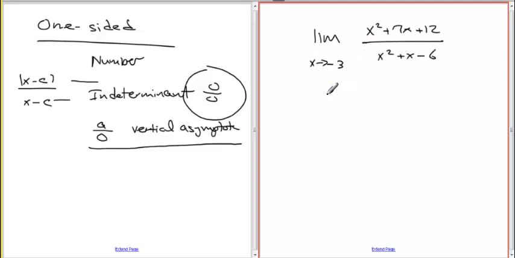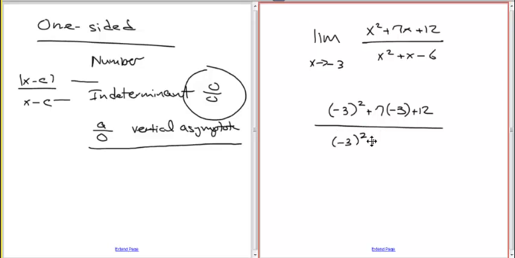So let's go ahead and plug the number in again and see what happens. You get negative 3 squared plus 7 times negative 3 plus 12, divided by negative 3 squared plus negative 3 minus 6. So the numerator is 9 minus 21 plus 12, which is actually 0.